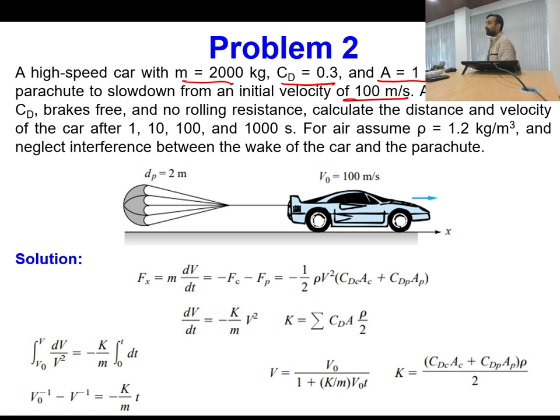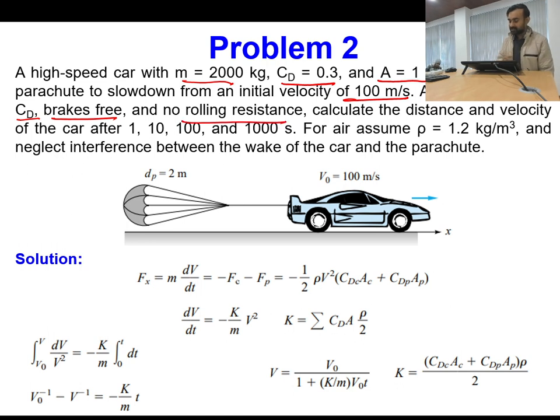So the car was moving at 100 meters per second and a parachute of diameter 2 meters was connected to it, and this is used to slow down the car. Assuming constant CD, the car has constant CD, and for the parachute also, though velocity is varying, we will consider a constant value of CD. Brakes free means no brakes are applied from the car.